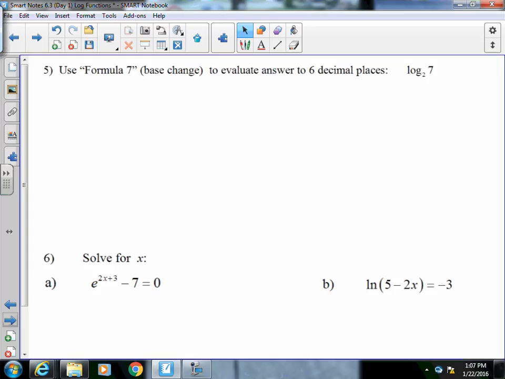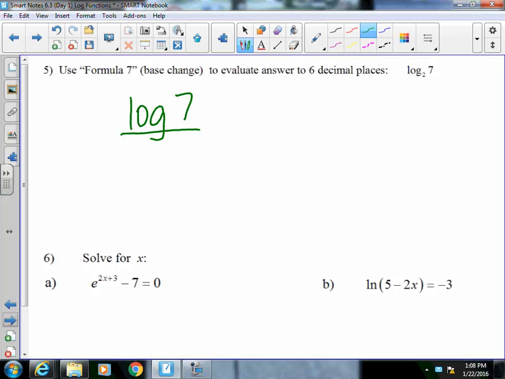Number 5 says, use formula 7 to evaluate the answer to 6 decimal places. Some of your calculators will allow you to put in log base 2 of 7. I believe 84s will do that. Possibly Inspires. The 83s will not. Which means we need to know what log base 2 of 7 means. Well, according to our change of base formula, log of 7 over log of 2.